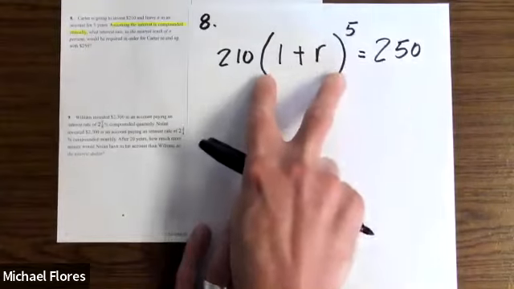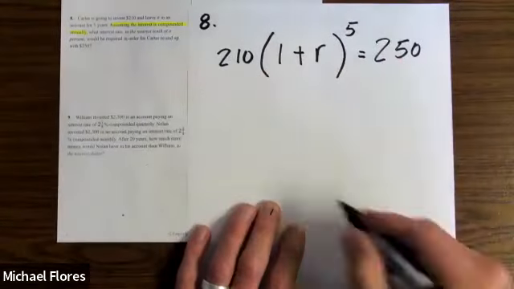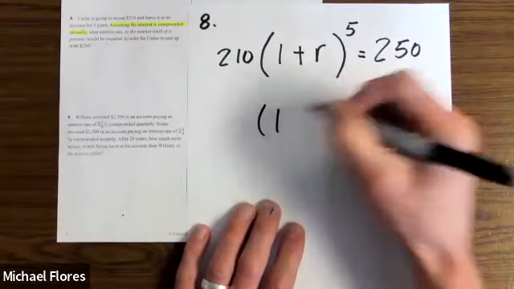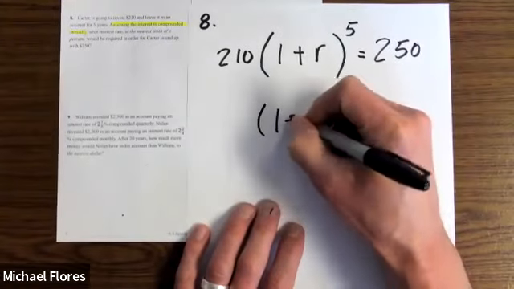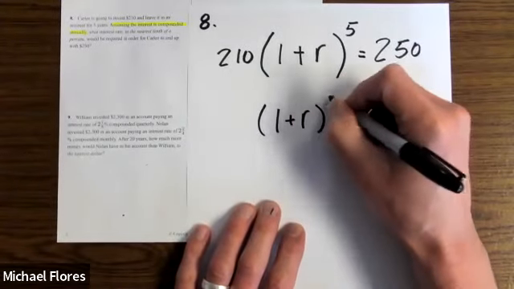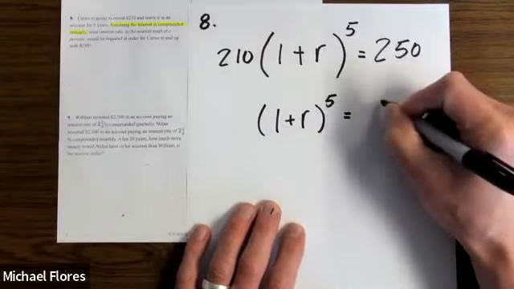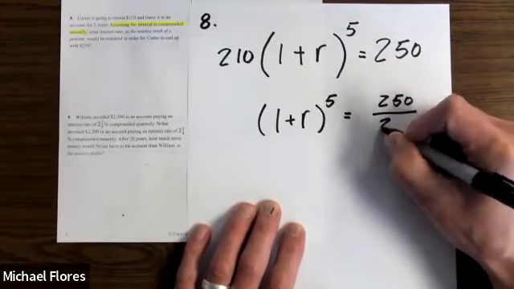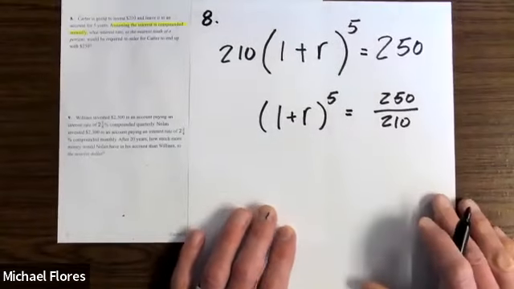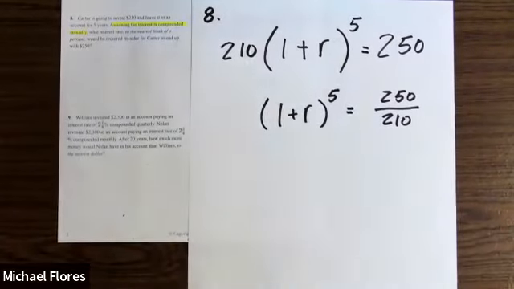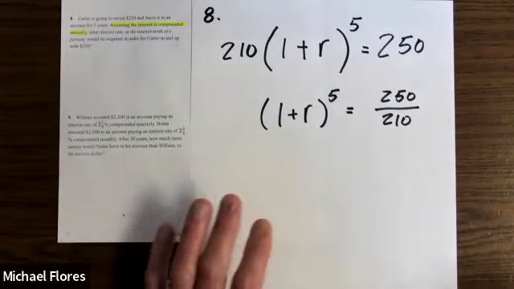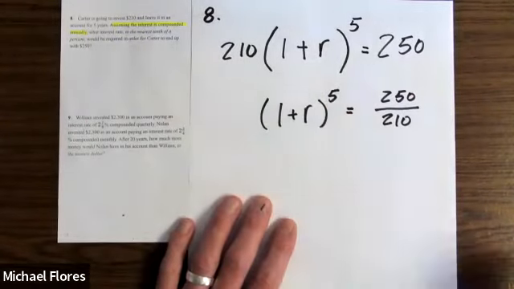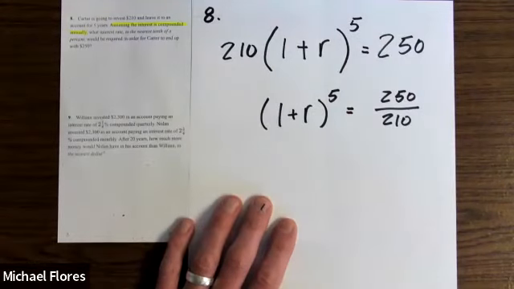So we want to isolate the parentheses and the exponent first. So divide both sides by 210. Now, we haven't seen one like this, but we've solved stuff like this before, just a long time ago in algebra 2. In order to eliminate any power, you can take the root of that power, if you will.